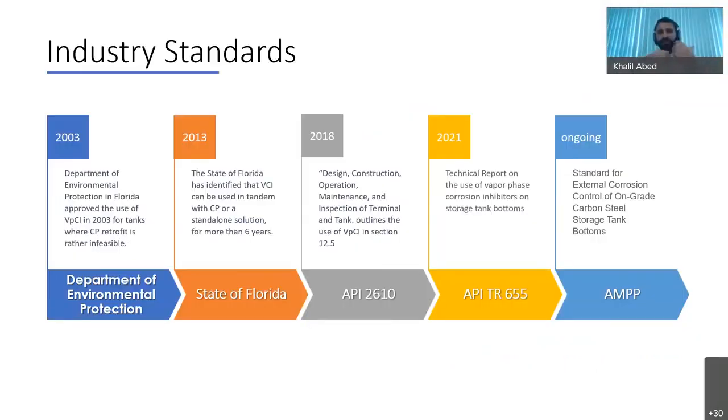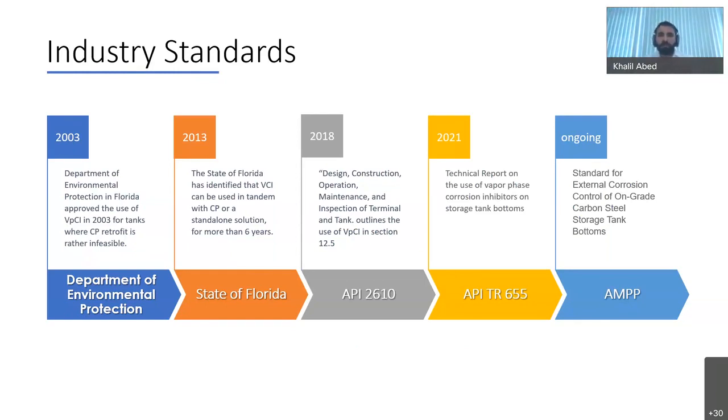This slide shows the evolution, or adoption, of vapor phase corrosion inhibitors in international and industry standards. The ever-increasing deployment of this technology in the field has been reflected through recognition by environmental protection agencies, government regulatory bodies, and international associations. We're talking about 20 years.